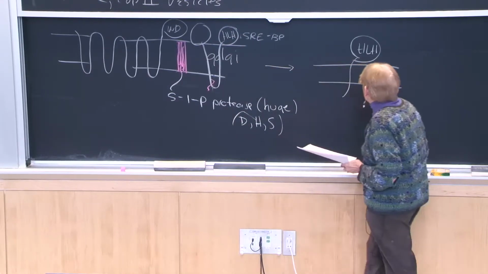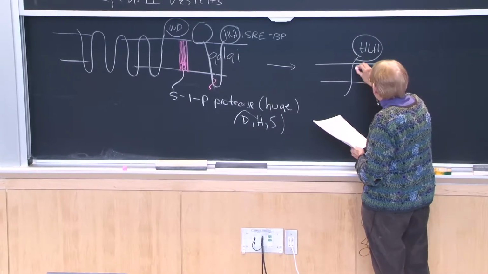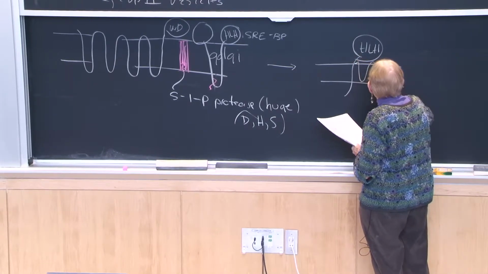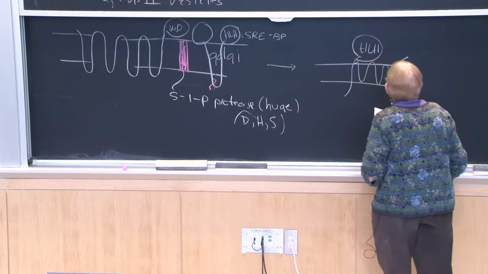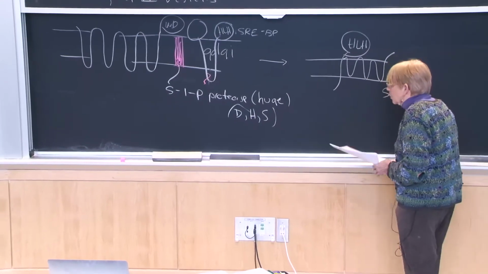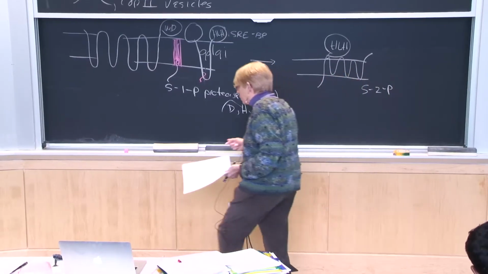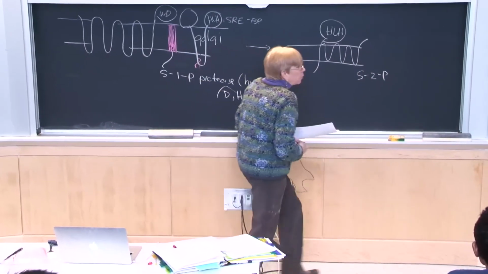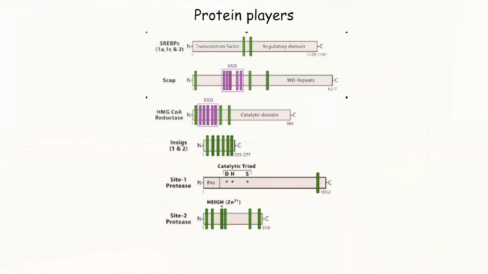Okay? And then you have your second protease. I don't know, I probably have the wrong number. So this is S2P. And if you look at S2P, what's unusual about it, and what people picked up on, is that it has another little sequence motif. And this is what you see over and over again in enzymology.